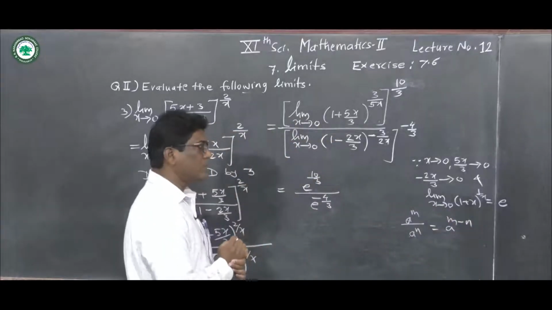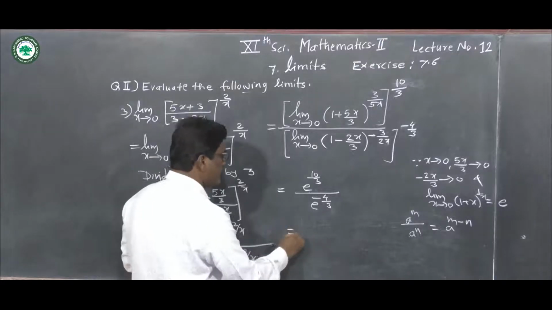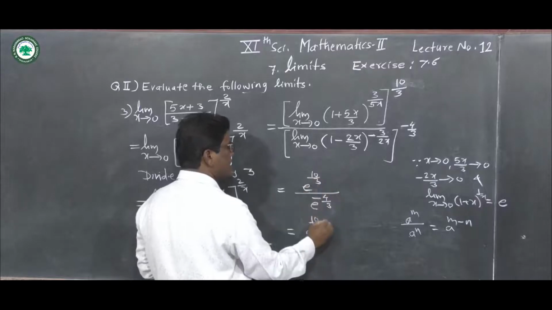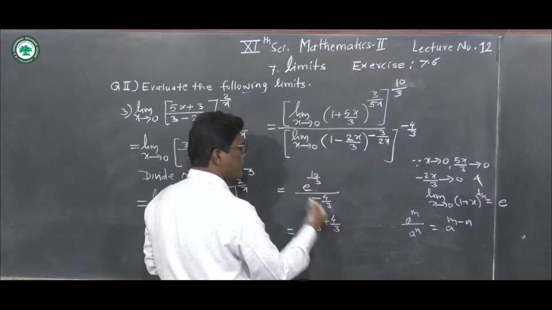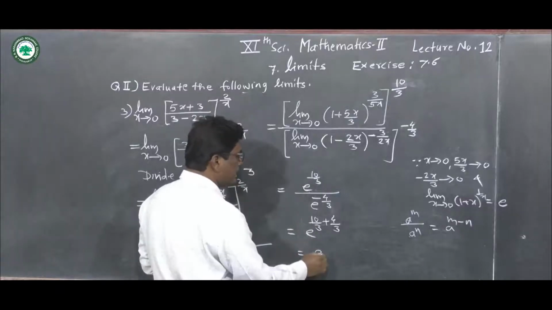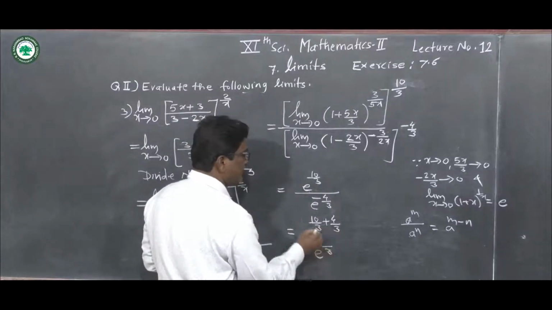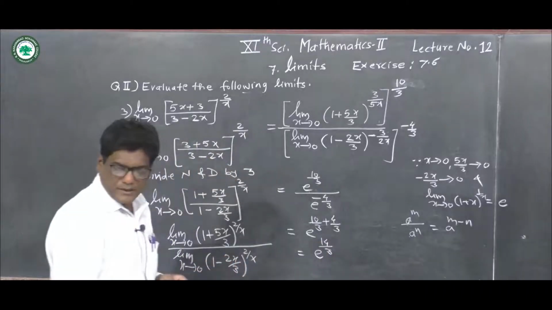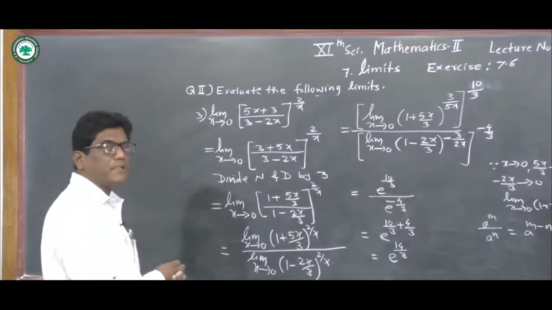So a to the power m minus n. So it is equal to e to the power 10 upon 3 as it is, and this minus becomes plus 4 upon 3. So it is equal to e to the power, the denominator 3 same, 10 plus 4, that is 14. So e to the power 14 upon 3. This is the final solution.